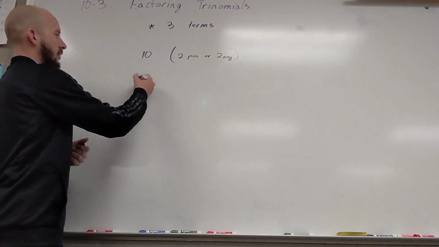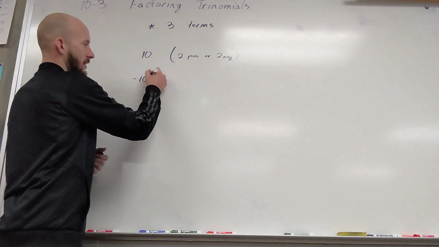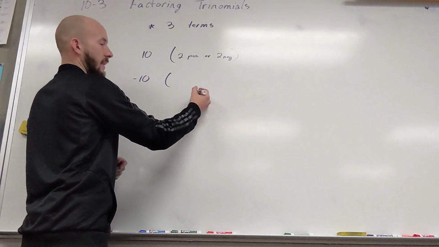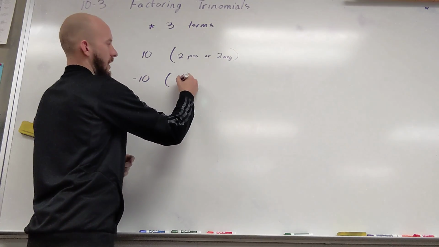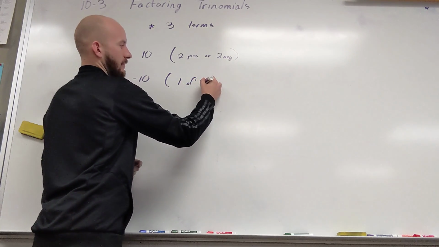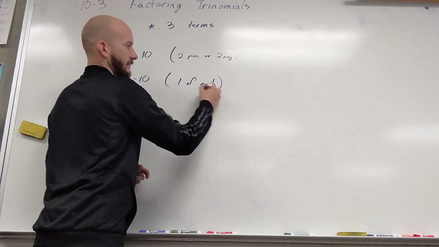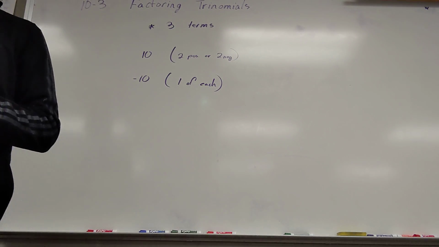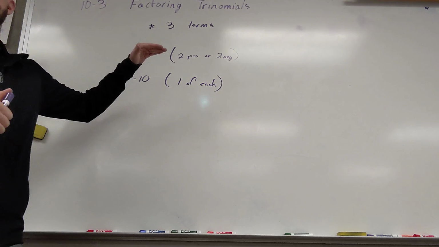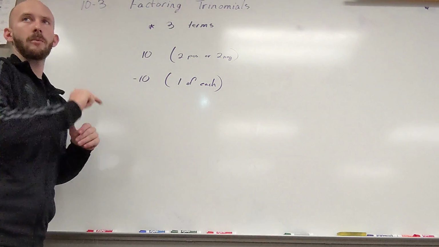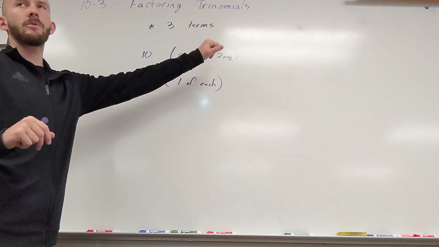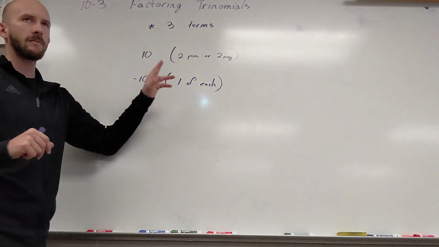Okay? If you're going to multiply to be a negative number, then the only thing that you can have is one of each. Okay? And that's where I would start every time. So if you look at the product, which is that last number in the trinomial, if it's positive, you either need two positive numbers or two negatives. And if it's negative, you need one of each.